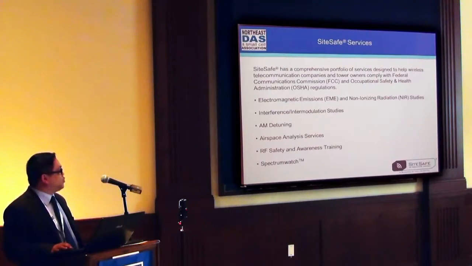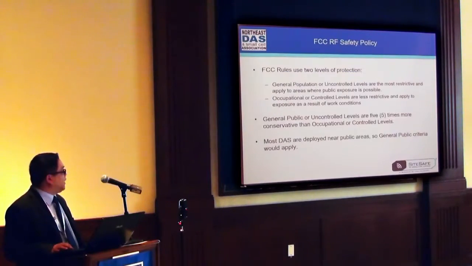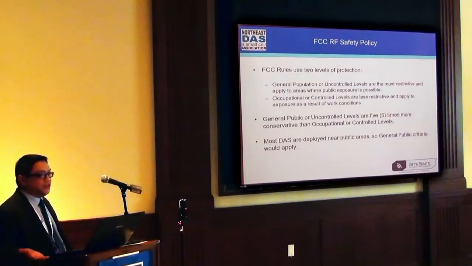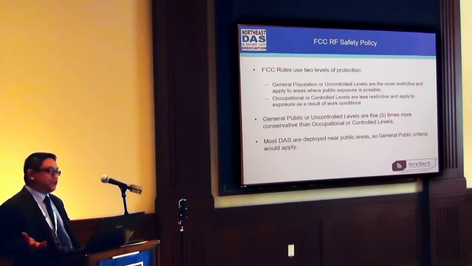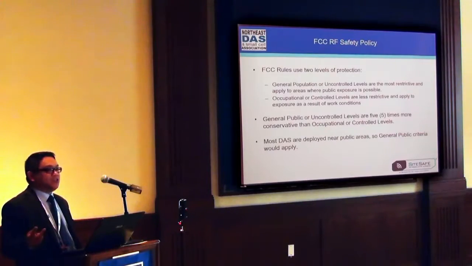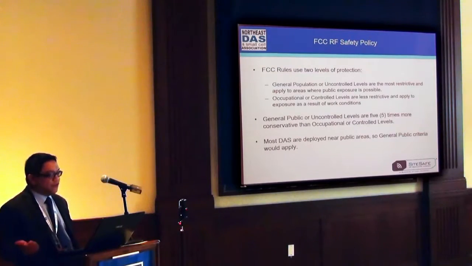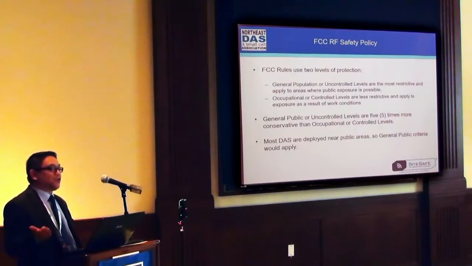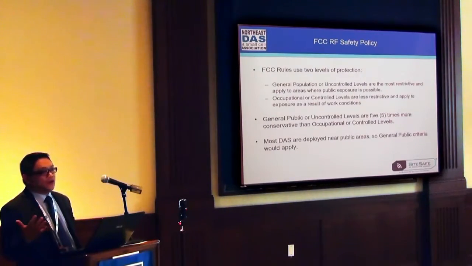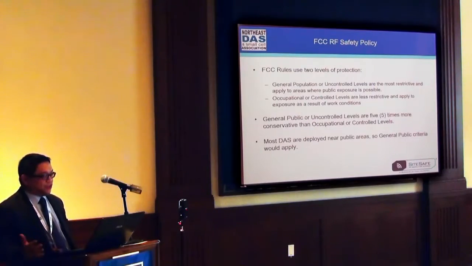Now, before I go into my main talk, I would like to look at what the FCC regulations are in terms of EME. There are two levels that the FCC has regulated. One of them is the general population, which is the uncontrolled level. They want to make sure that the levels of RF radiation within the general public comply with FCC regulations.